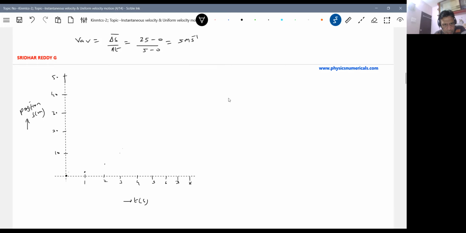T equal to 3, it will be 9. Rough graph. It will be 16. 5, it will be 25. 6, it will be 36. 7, it will be 49. Okay, this is our experimental curve. May not be exact parabolic shape to some extent.